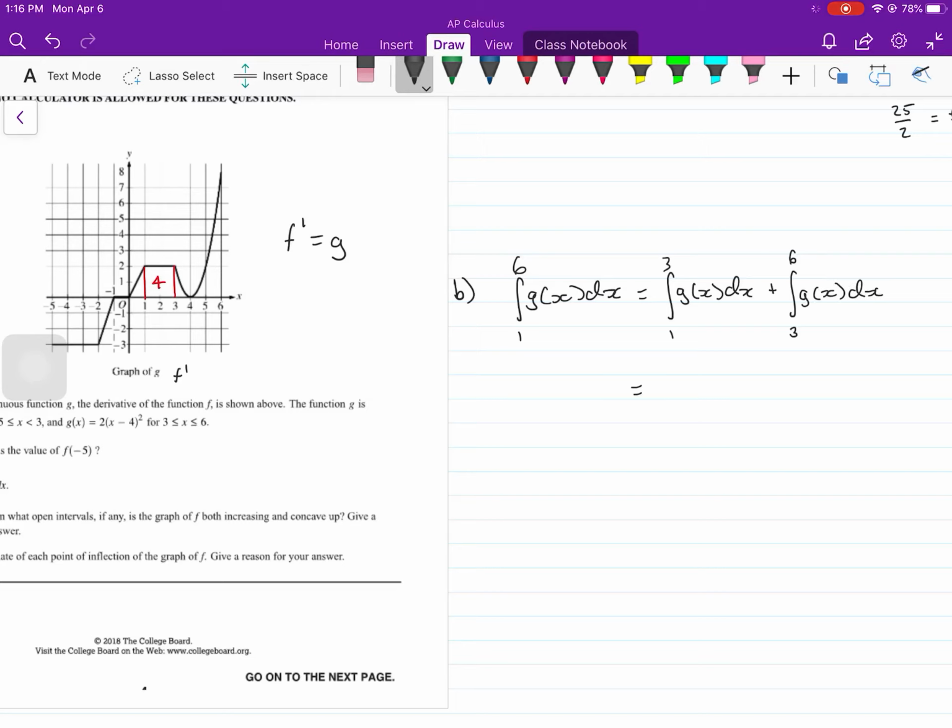And we know that integral from 1 to 3 is 4. I'll go ahead and substitute that in. Plus, we got to integrate from 3 to 6. And what are we going to use for that? Well, we have the function 2 times x minus 4 squared dx.